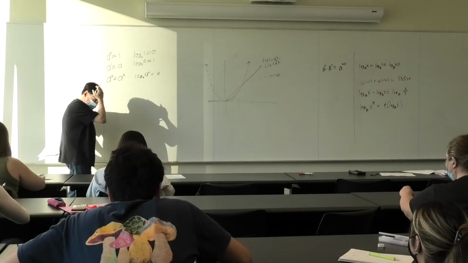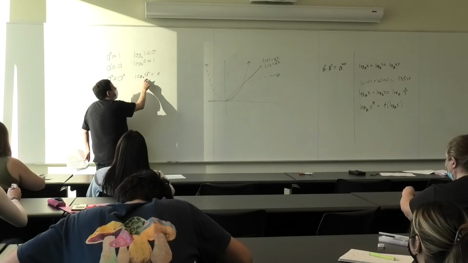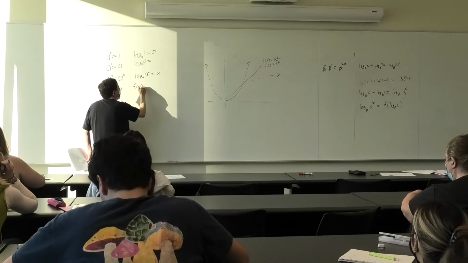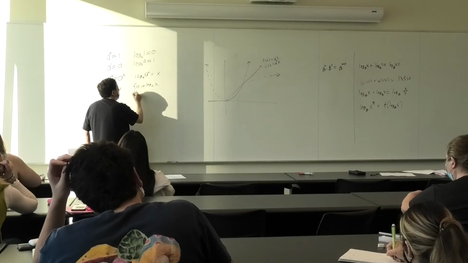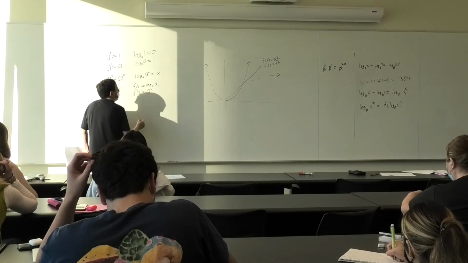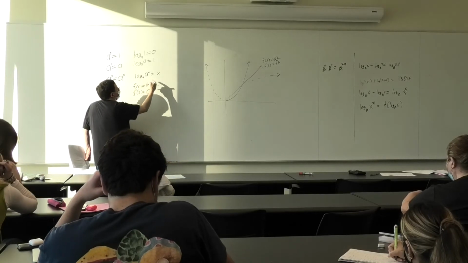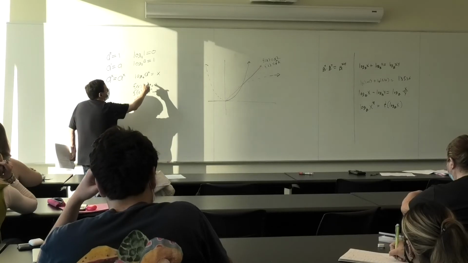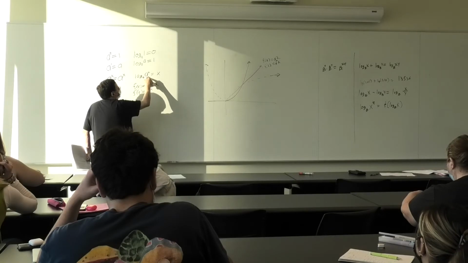Now, before I go further, I just want to point out, remember, if f of x is log to the base a of x, its inverse is a to the x, or vice versa. So all I'm doing here is what I was showing you at the beginning. I'm taking an x, I plug it into this, I get a to the x.